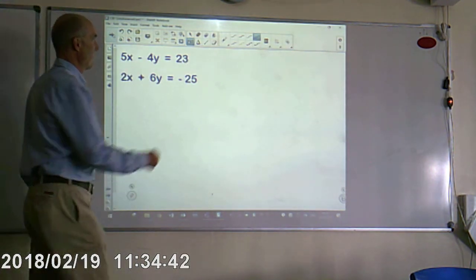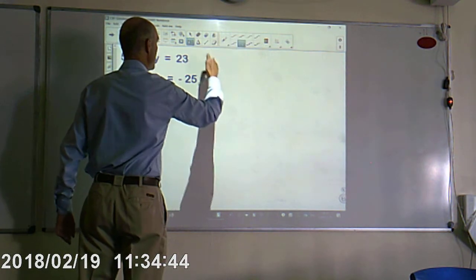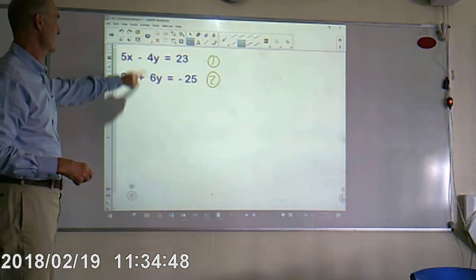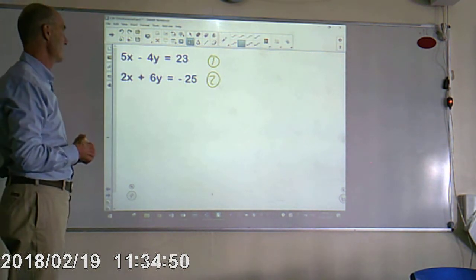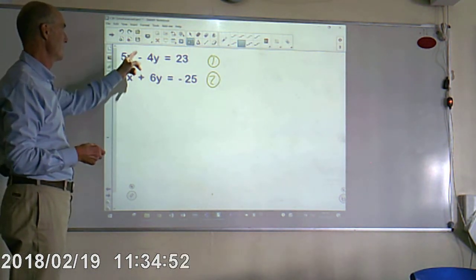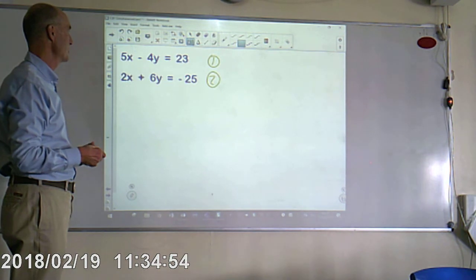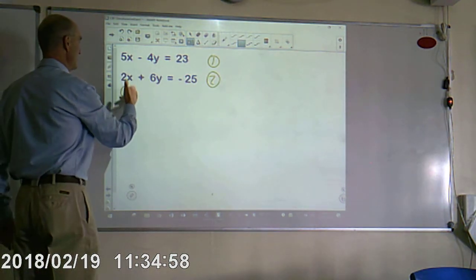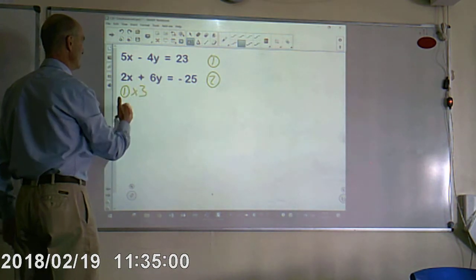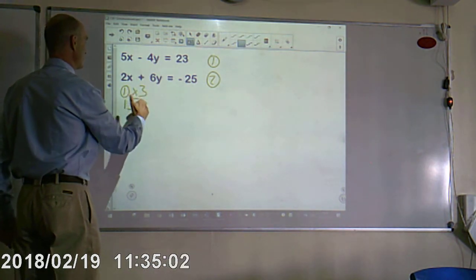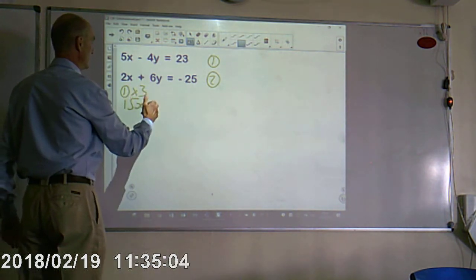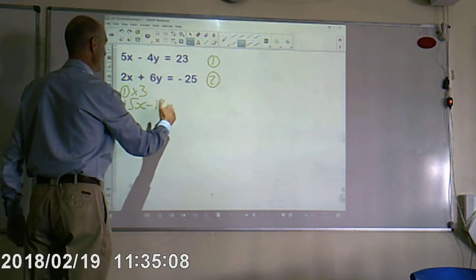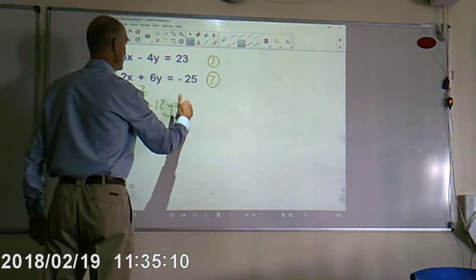Equation 1, equation 2. I haven't got the same coefficients for equation 1 and equation 2 for x and y. So I'm going to take equation 1, multiply it by 3. 15x minus 12y equals 69.